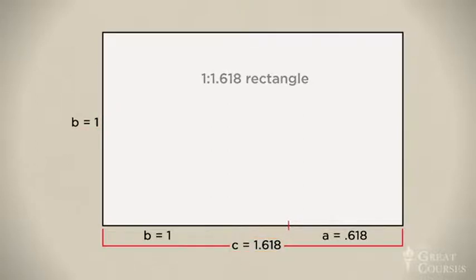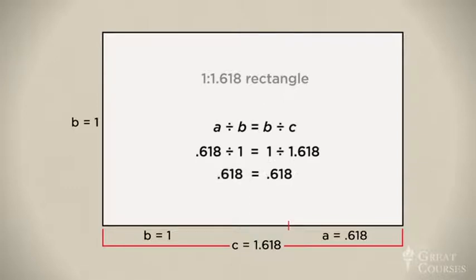Here's the math. A divided by B, which is 0.618 divided by 1, is equal to B divided by C, or 1 divided by 1.618. The quotients are identical, 0.618. Put more succinctly, A is to B as B is to C.